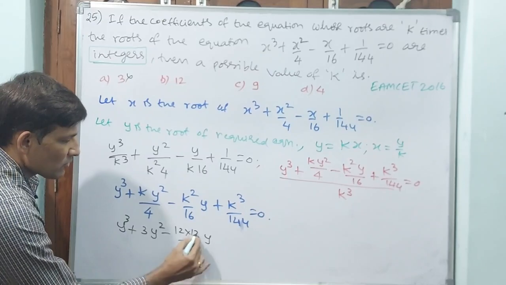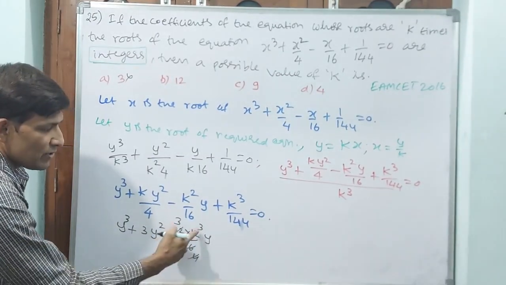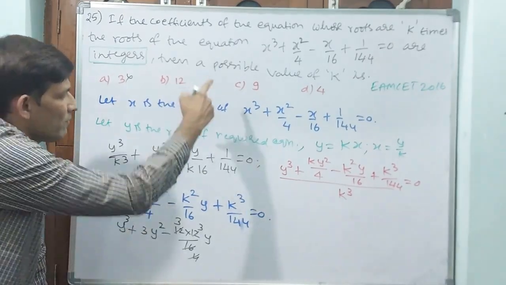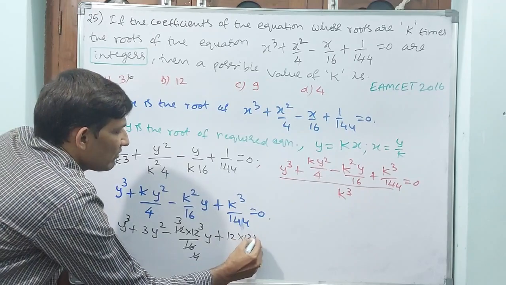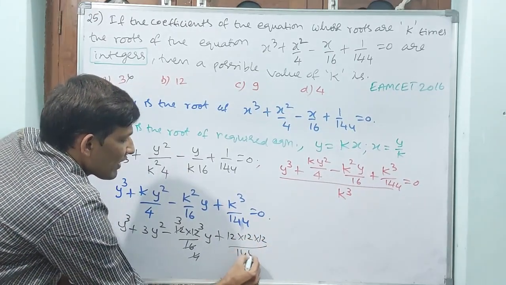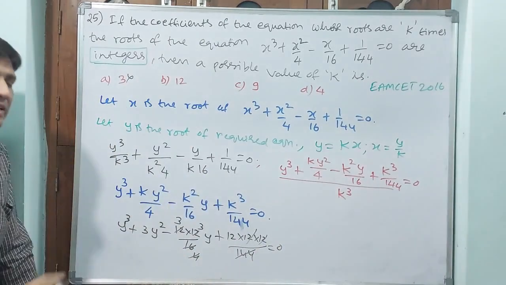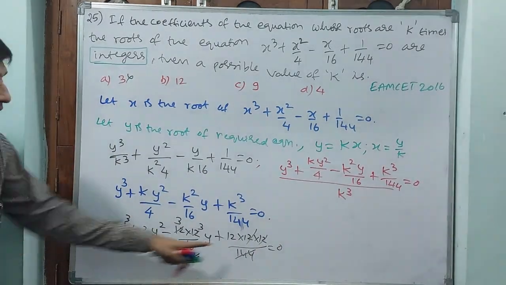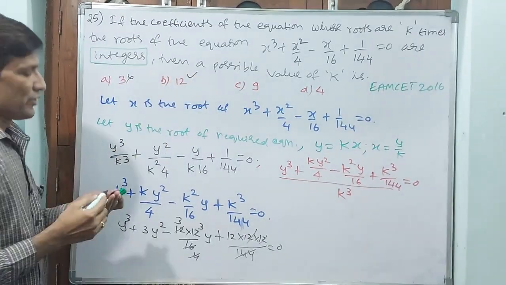See, 4 fours, 4 threes, that means the denominator nothing is there, 3 into 3, 9 will be there. Now go for here also, plus k cube, that means 12 into 12 into 12 by 144. 144 means 12 square, that means 12 will come. Anything else? Denominator no. That means all are integers. That means the answer is 12.